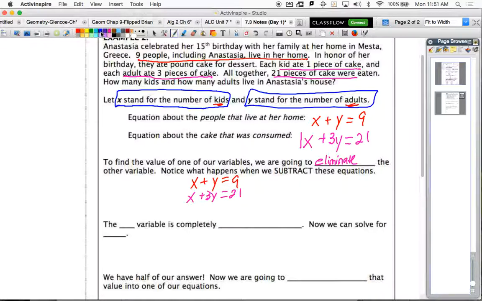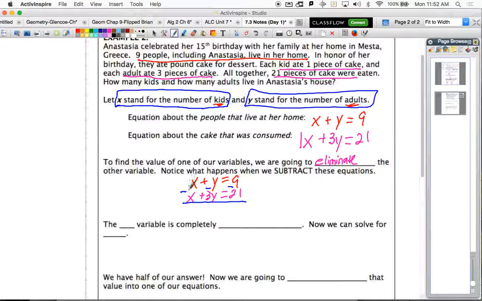When we subtract these equations, I'm going to put a little subtraction sign all the way through here. Notice that the x's are eliminated. x minus x is 0. If we had tried to add these equations together, that would not have eliminated the x's. We'd have x plus x, which would be 2x.